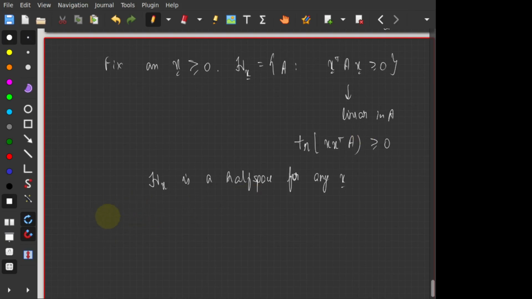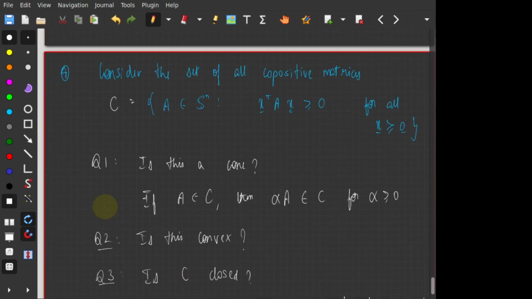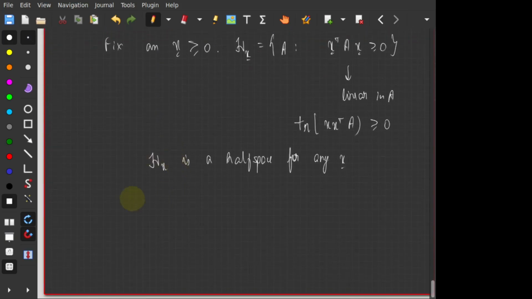Right? And what is this set C equal to in terms of Hx? It's the intersection of all the Hx.